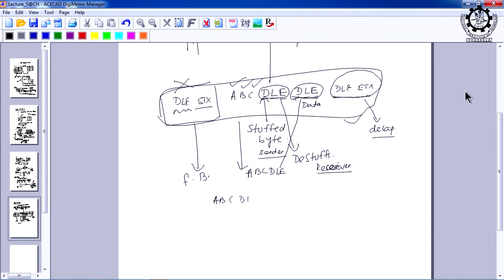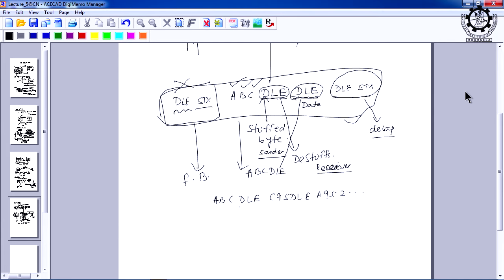That means a DLE will be stuffed by the sender if the same character occurs in the actual data, and as many times as it is found in the actual data, that many DLEs will be stuffed. Let us say your data is ABC DLE something, then again C95 DLE, and again A9523, something like this.